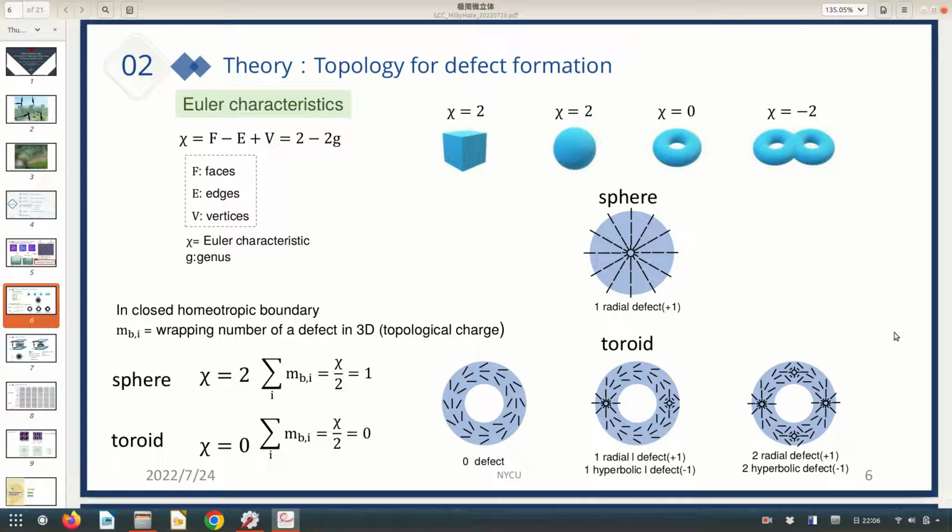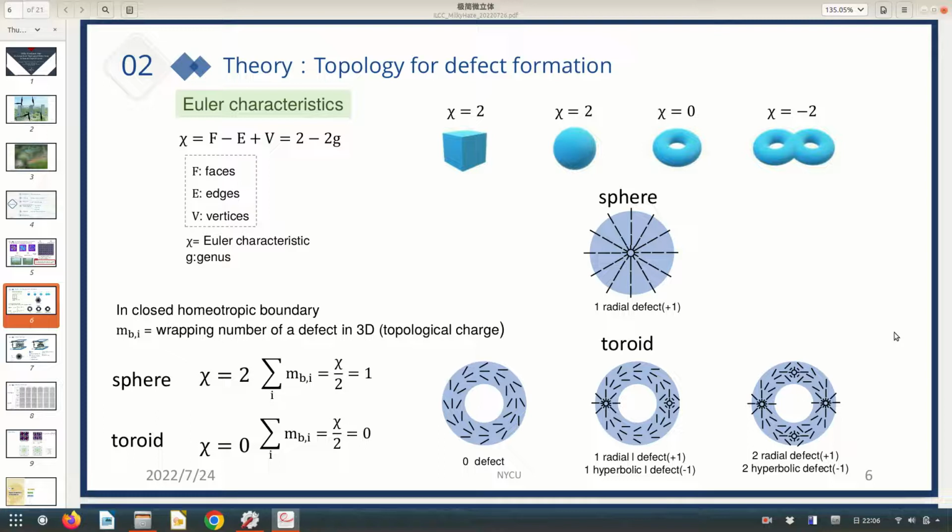And in the homeotropic toroid with Euler number of 0, the total topological charge should be 0, and we have different choices. It can be no defect, it can be 1 plus 1 defect, 1 minus 1 defect in a pair, or we can have pairs of plus and minus defects inside the toroid.